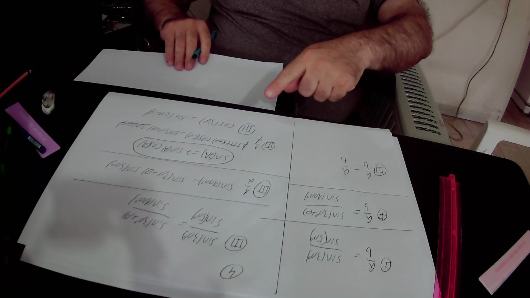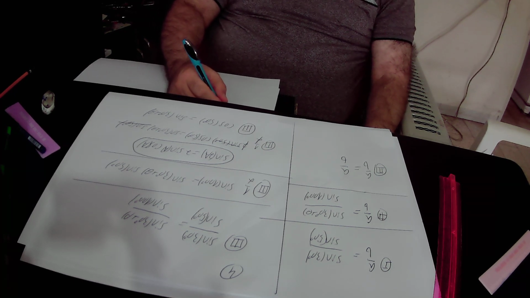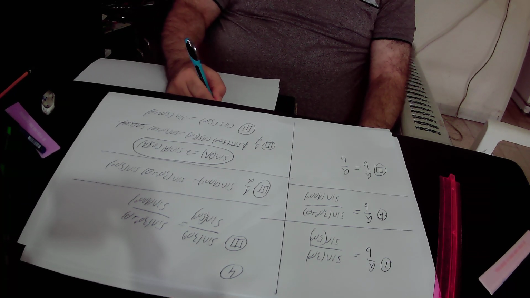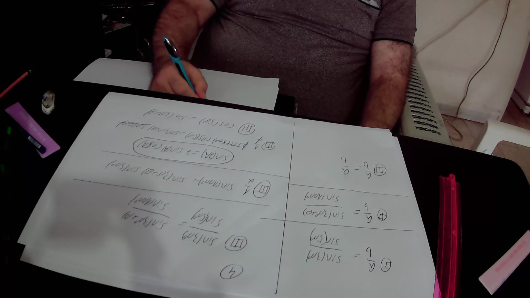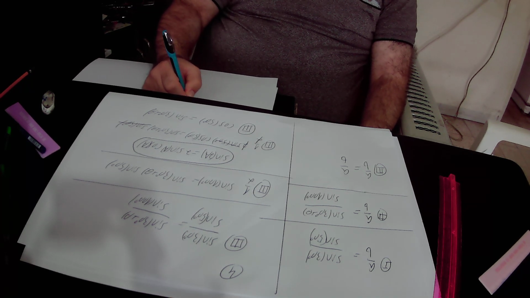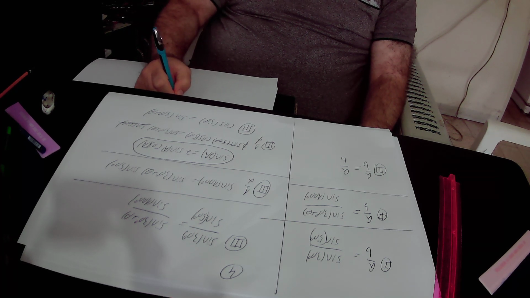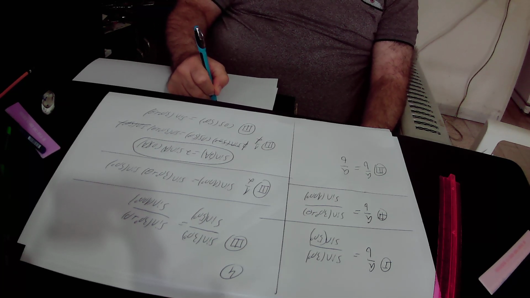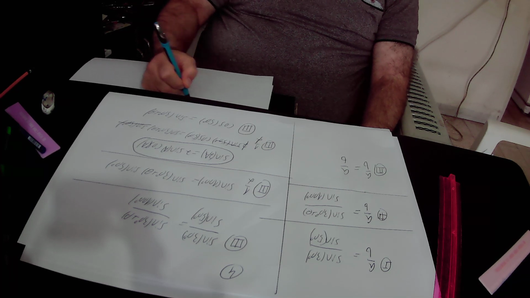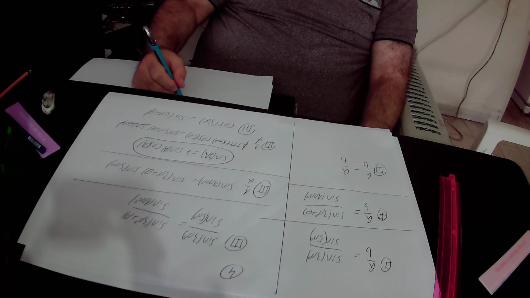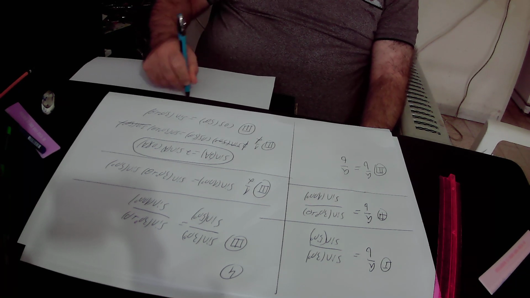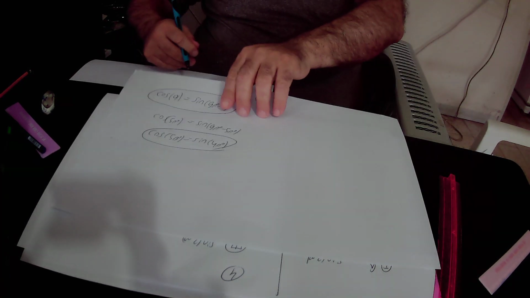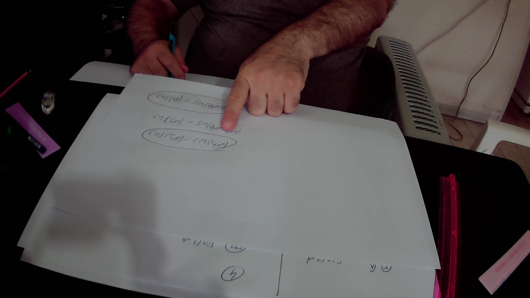According to this identity, cosine 50 degrees will be equal to sine of 90 degrees minus 50 degrees. That is to say, 90 degrees minus 50 degrees is 40 degrees, so cosine 50 degrees equals sine 40 degrees. So we found out that cosine 50 degrees equals sine 40 degrees.